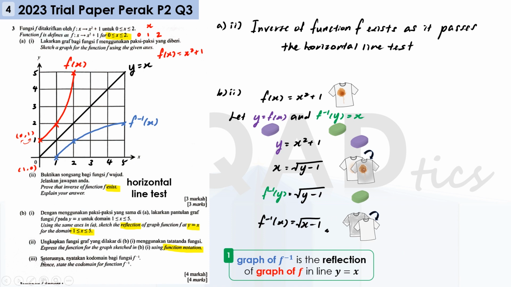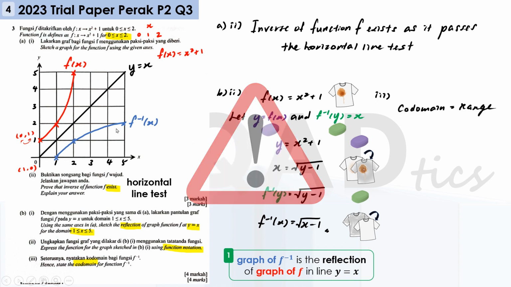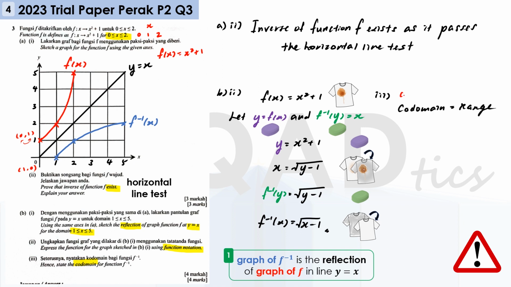And lastly, for part 3, we need to find the codomain of the inverse function. Okay, so here for continuous lines, continuous lines means a line which is continuous, no breaks in between. So for this kind of lines, the codomain is equal to the range. Okay, so now we are finding the range for the inverse.